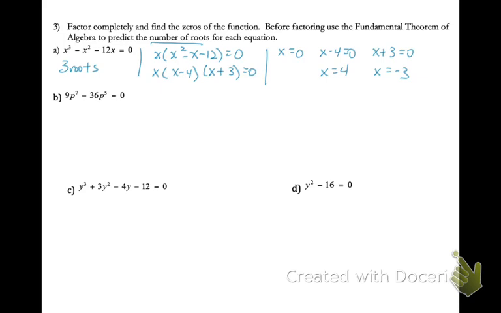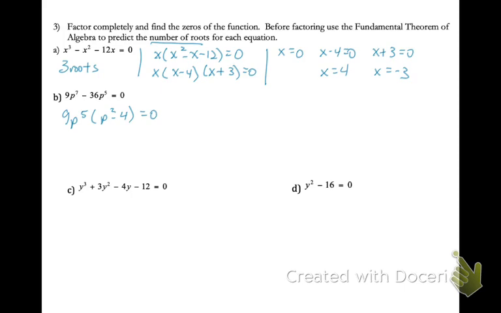All right, now b, our degree is 7, so we will have 7 roots. First thing we're going to do is factor out a greatest common factor. So we can factor out 9p to the 5th, and we'll be left with p squared minus 4. We'll keep factoring. See how we have 2 terms, and we ask ourselves, is this a difference of squares?